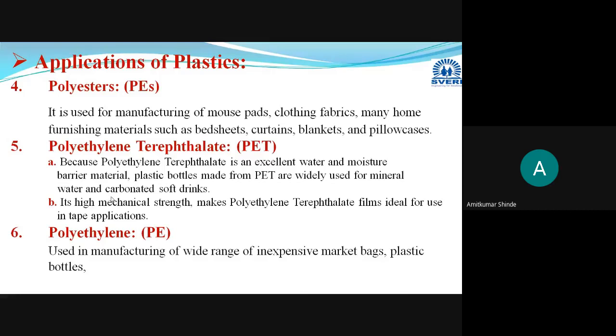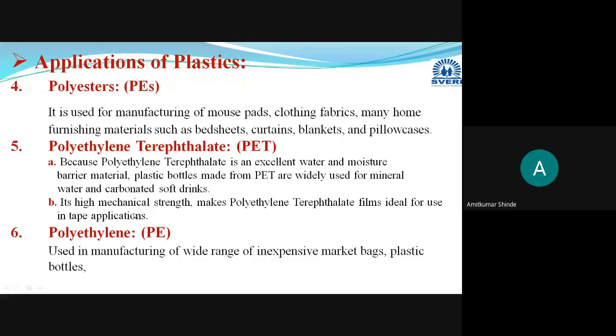Lots of soft drink bottles, and water bottles, are all manufactured with polyethylene terephthalate because it acts as a barrier for moisture, and it protects the drink or water from contamination.